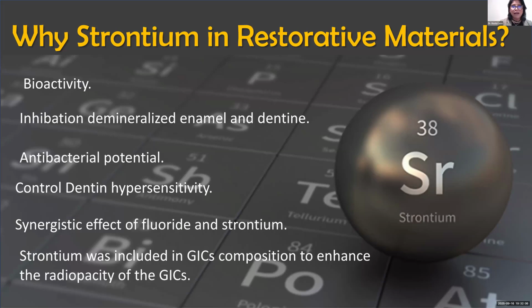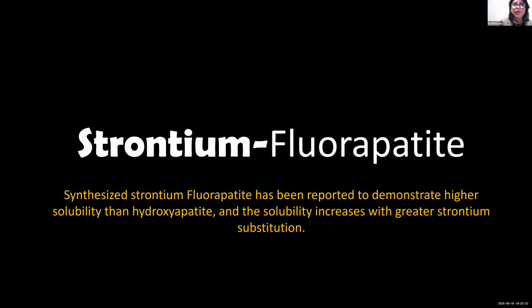And remember, for example, the glass ionomers have fluoride ion inside. If you have strontium and fluoride, both ions can interact and form strontium fluorapatite. So today, the fluoride is not going to need to find calcium and phosphate ions.